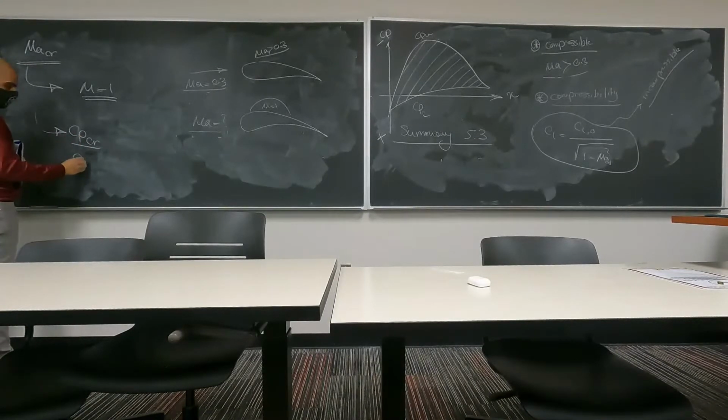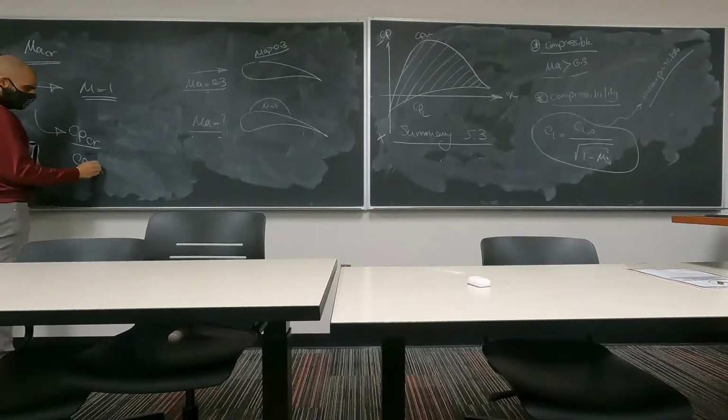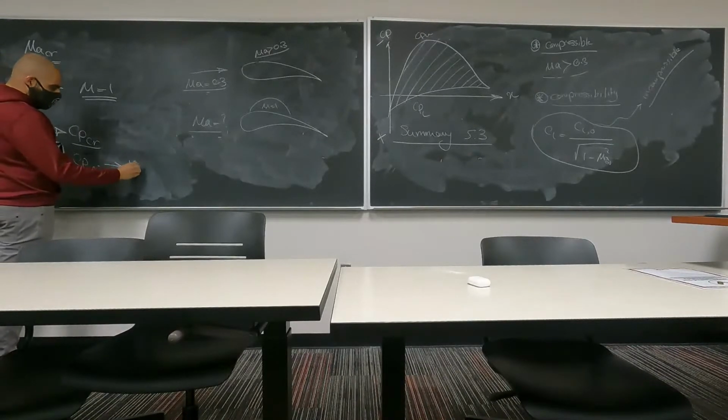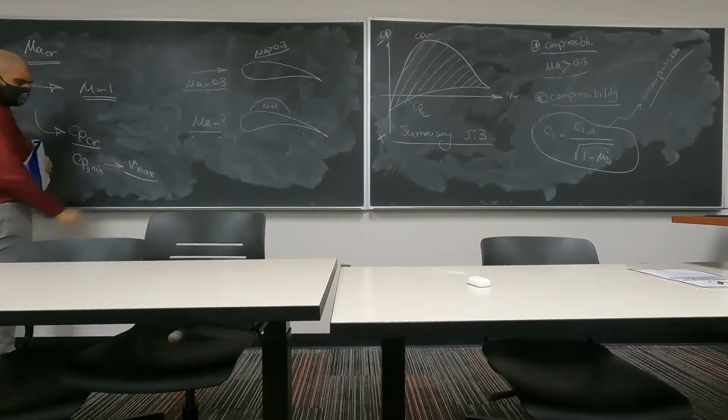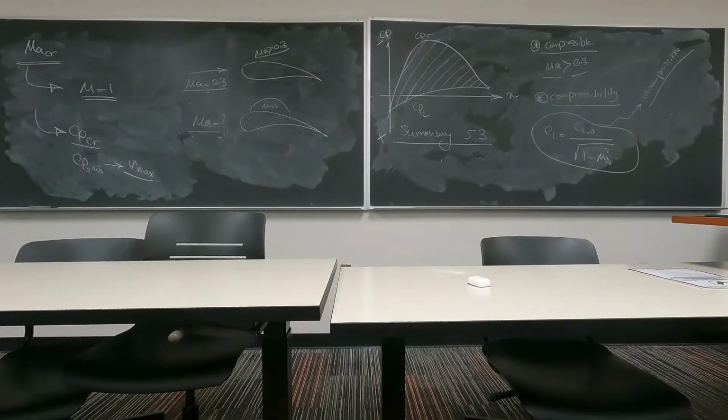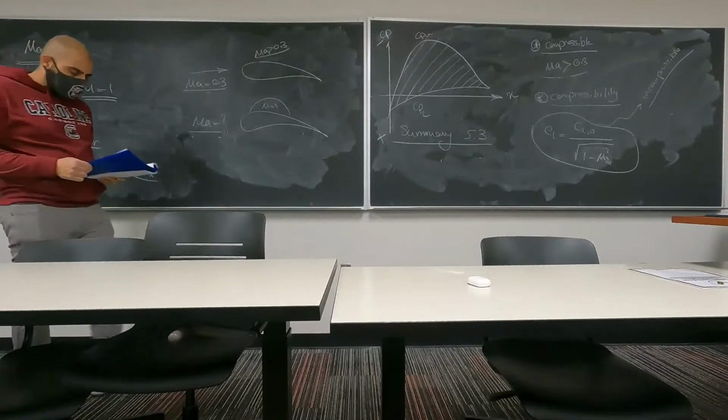The minimum pressure coefficient, in general, is going to give us the Vmax or max Mach number on an airfoil, but the critical pressure coefficient is the pressure coefficient at which you're going to see a sonic Mach number at that specific location, right? If you are approaching your airfoil with the critical Mach number. Does that make sense?